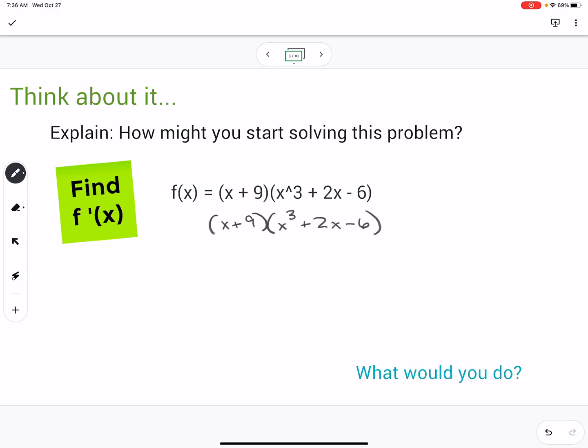As of now, all we know how to do is take the derivative of simple polynomials and trigonometric functions, so we would have to distribute this x to everything in that second set of parentheses, distribute this 9 to everything in those parentheses, simplify, and then take the derivative. And I'm going to be honest, that sounds like a lot of work, a lot of distributing, and a lot of unnecessary things when we can use a simple rule instead.